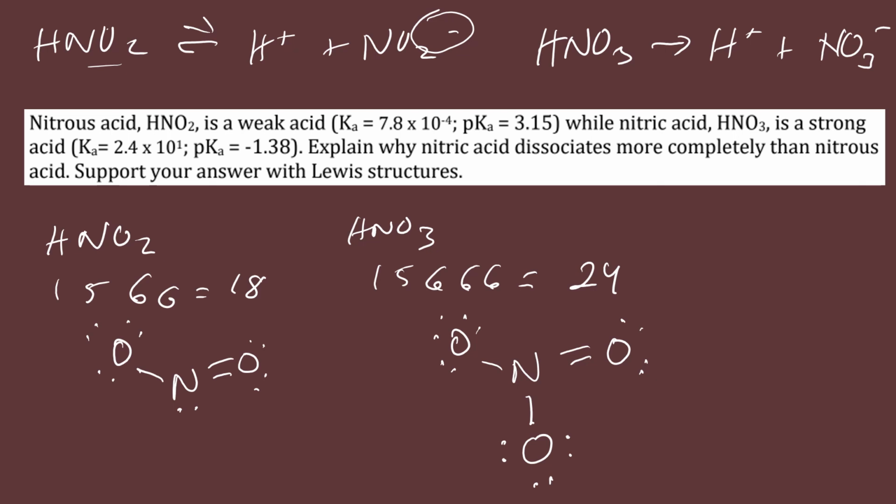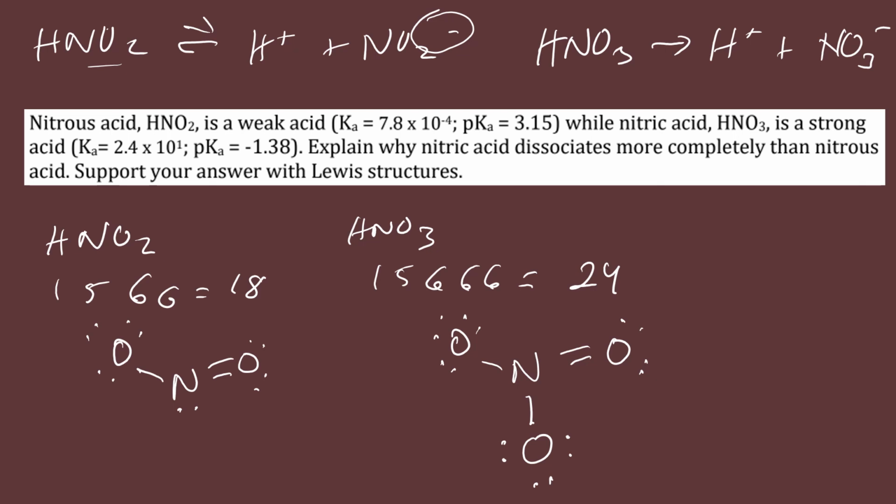Here, nitrate is actually more stable. We see the double bonds here. Anytime we see a double bond, we have to think that there are p orbitals overlapping, and these form pi bonds. The pi bond is how you're able to see the double bond.